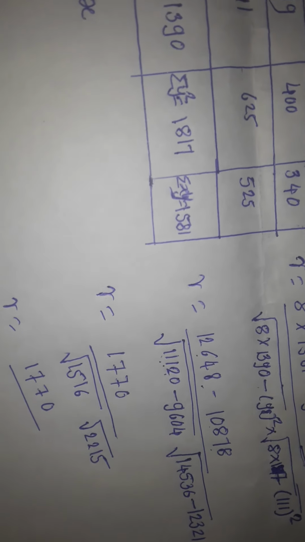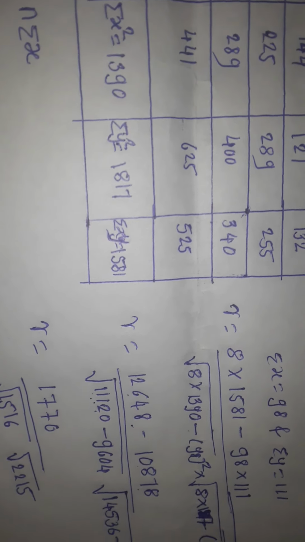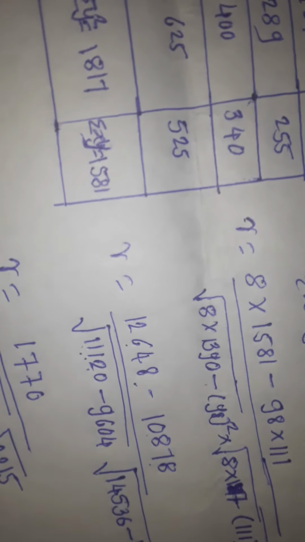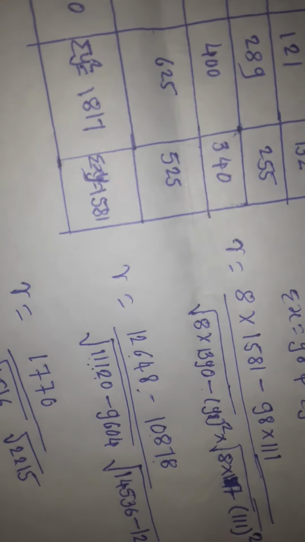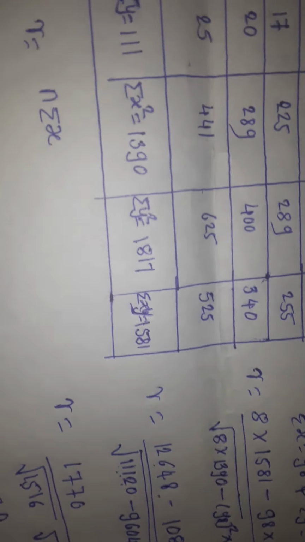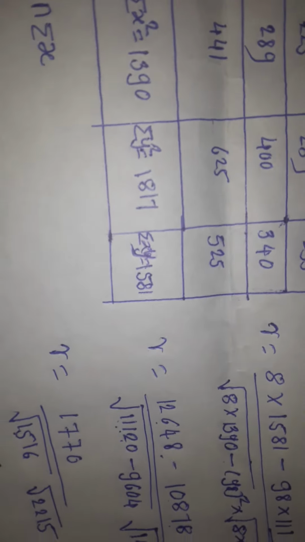r is equal to 1,770 divided by the square root of the multiplication of 1,516 into 2,215, which is equal to 3,357,940.